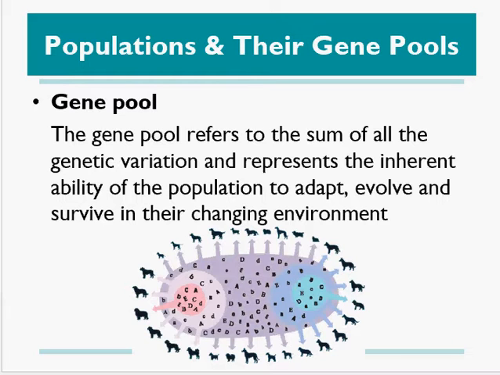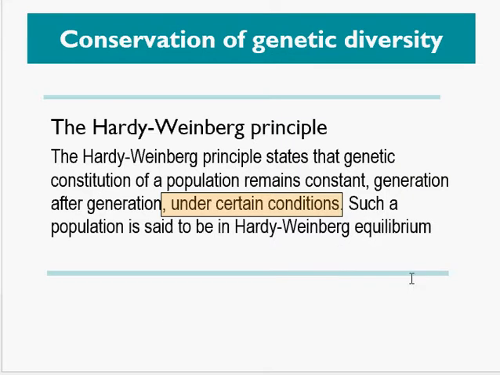So, how does Hardy-Weinberg get into this? Hardy and Weinberg were a couple of scientists who researched population genetics, and they came up with the concept of Hardy-Weinberg equilibrium. A population under Hardy-Weinberg equilibrium remains constant.